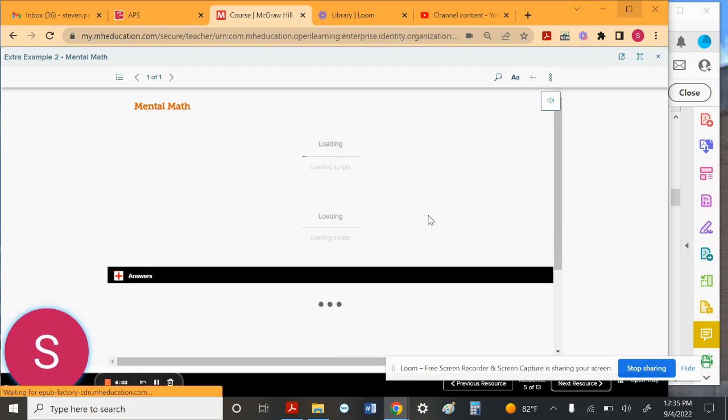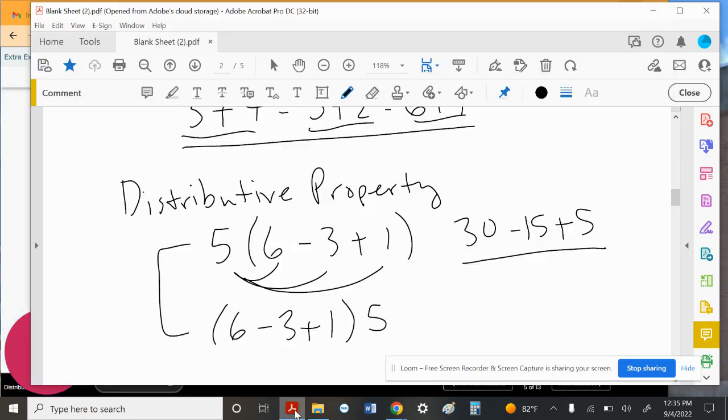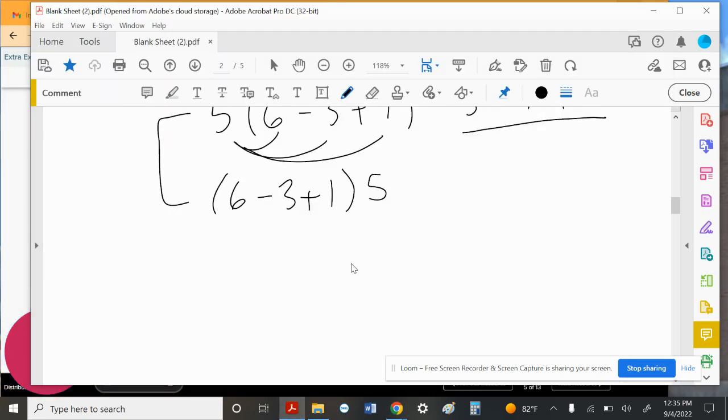Okay, here's something that you don't have to do, but it's a way to be able to solve problems a little bit more in your head. This is what is known as mental math. I'm going to do an example before I do this one. Let's say for mental math that we have a problem which may seem kind of difficult to solve.